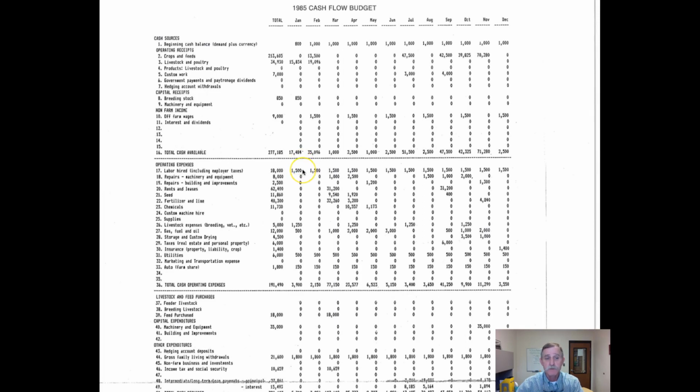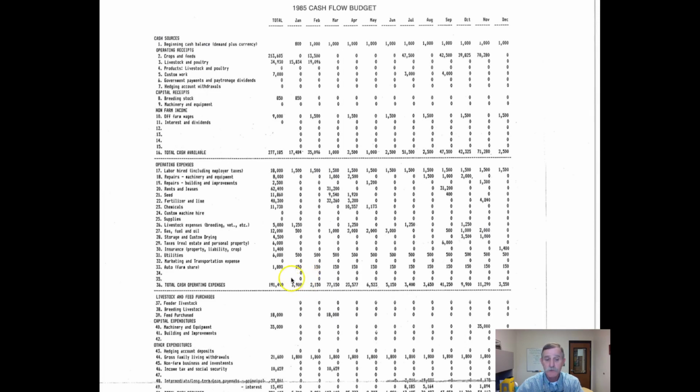Now, during the month, we had labor cost of $1,500. Okay, and we have livestock expenses, breeding, vet, etc., $1,250. We have gas, fuel, and oil of $500. Okay, we have utilities of $500. Auto, farm shares $150.